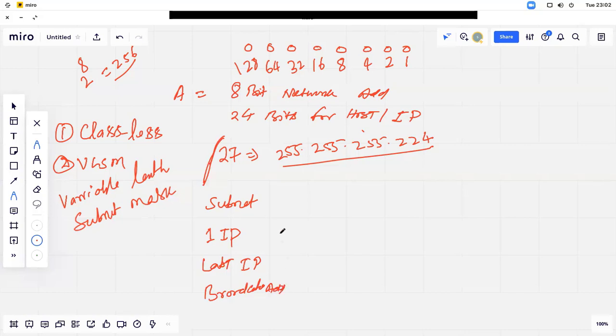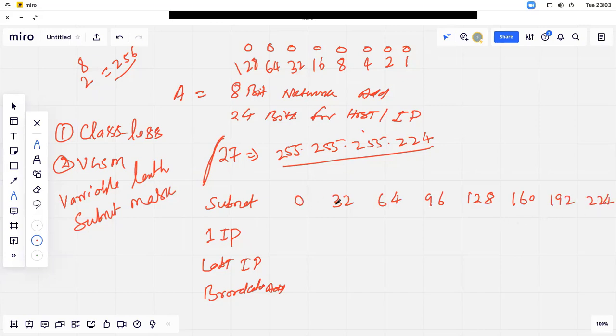So our subnet starts from 0. Anything in computer or network always starts with 0. Then our block size is 32. The first is 32, then 64, then 96, then 128, then 160, then 192, and then 224.